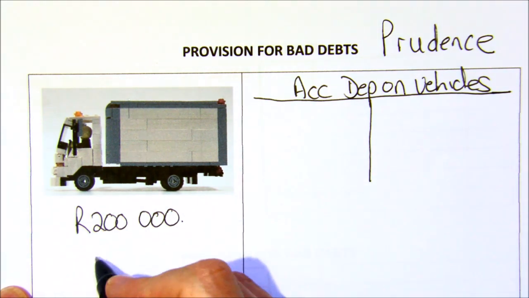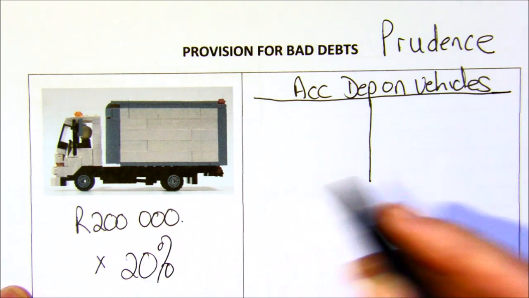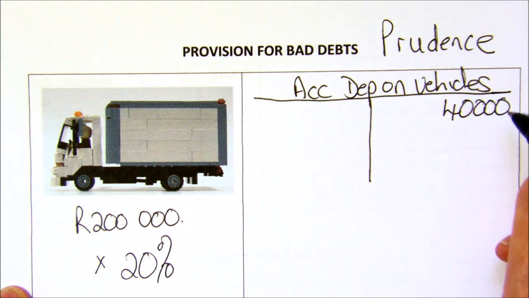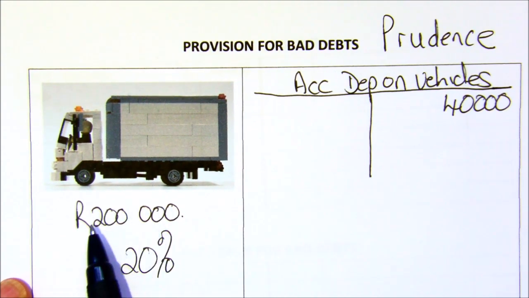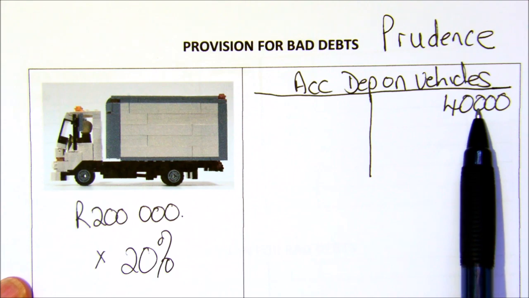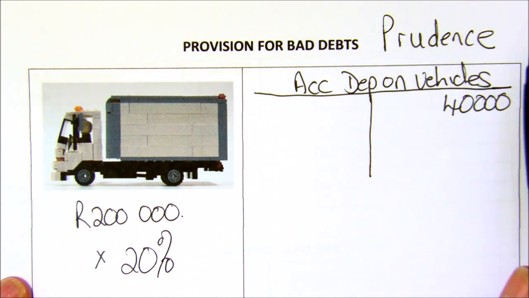And so if I, for example, was going to reduce this by 20% on cost, I would then write off an amount of 40,000. The point of doing this is in your balance sheet, you would say, right, I had a vehicle that cost me that, but it's been depreciated by 40,000. So it's only worth 160,000, a more realistic value and in terms of prudence.